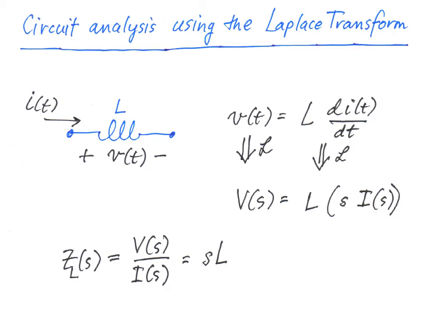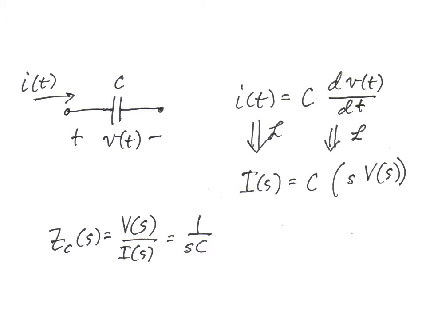The same thing can be done with a Laplace transform, and now we'll have a statement for impedance in terms of S instead of omega. Instead of j omega L, now we've got SL. For the capacitor, instead of impedance being 1 over j omega C, we now have 1 over SC.